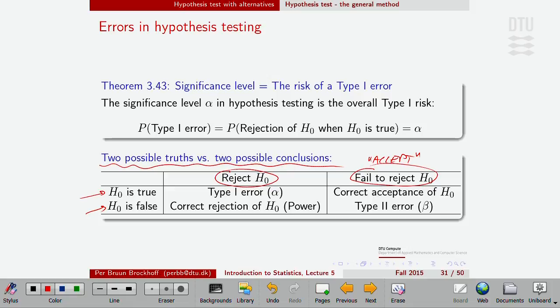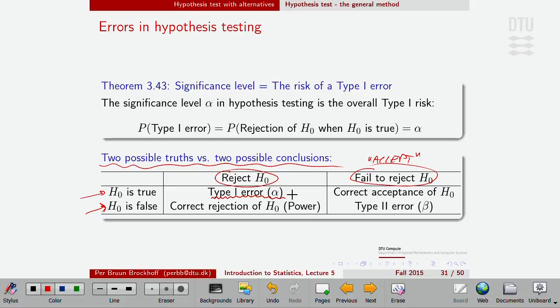Then, when the null is false and I reject, I'm happy. I've done the right thing, right? When the null is true and I accept, I've also done the right thing. But that's focusing on the good part of life. Now let's focus on the bad sides a little bit.